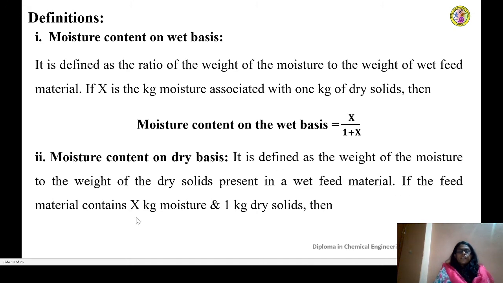So if the feed contains x kg moisture and 1 kg dry solids, then the amount of moisture per kg of dry solid is simply x divided by 1, which is equal to x. So the moisture content on dry basis equals x kg moisture per kg dry solid. Sorry, there is a spelling mistake over here.